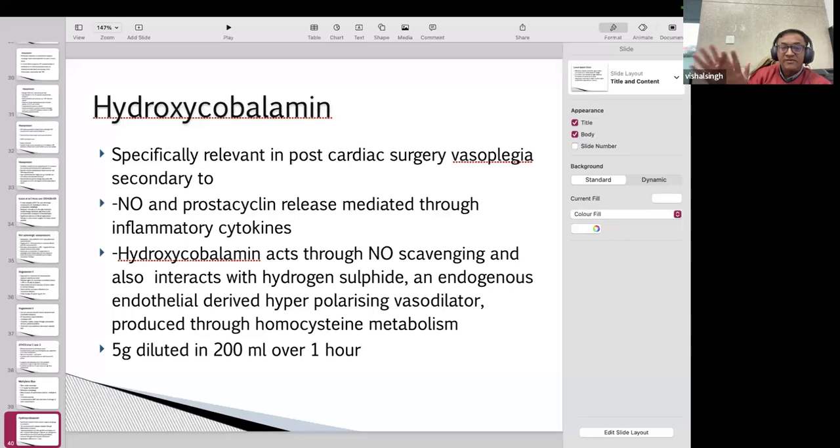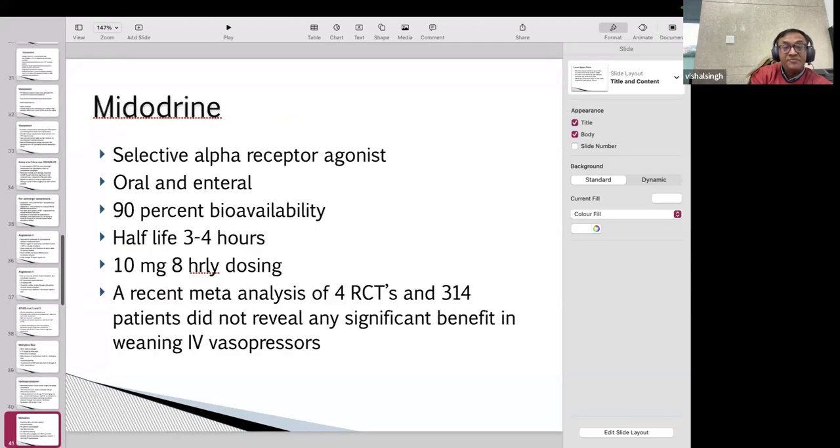Now, these are the two areas where hydroxocobalamin acts, and 5 gram diluted in 200 ml over 1 hour works well, usually. A very expensive injection. One injection of 5 gram right now in the US is $5,000. So you can understand how expensive it is and how one has to really find out the right patients to use it, and that also once we have some more literature on hand.